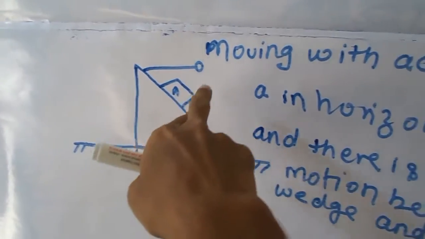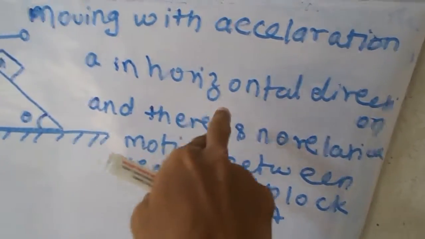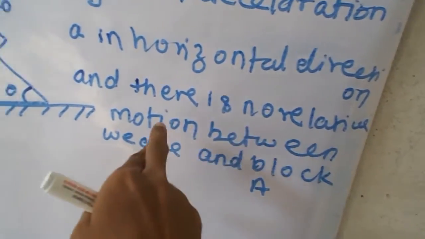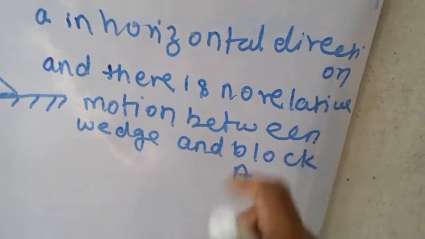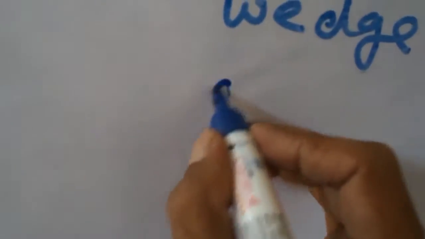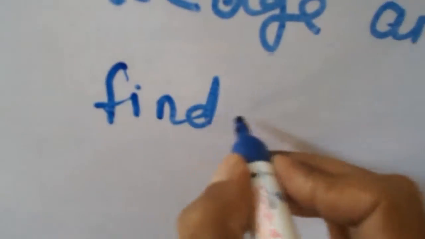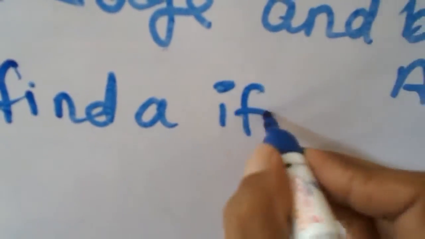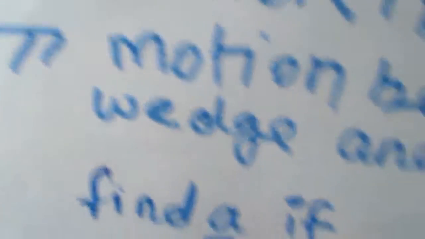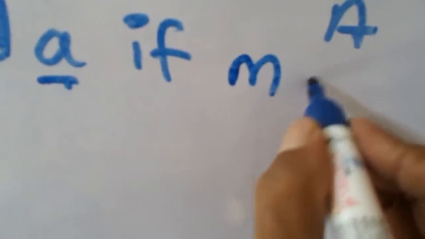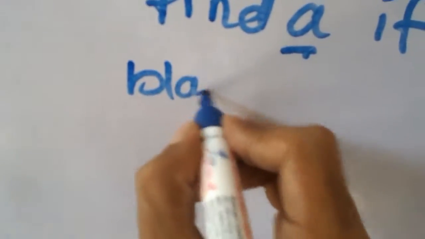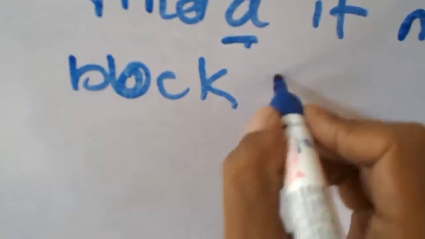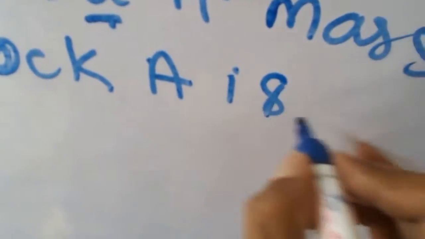This wedge is moving with an acceleration a in the horizontal direction, and there is no relative motion between the wedge and block A. Find the acceleration a if the mass of block A is m kg, and this angle is theta.